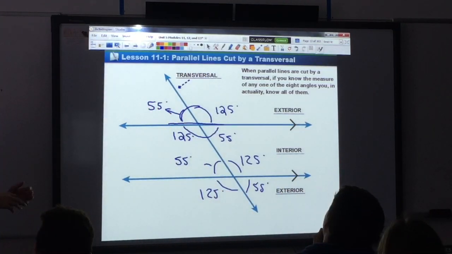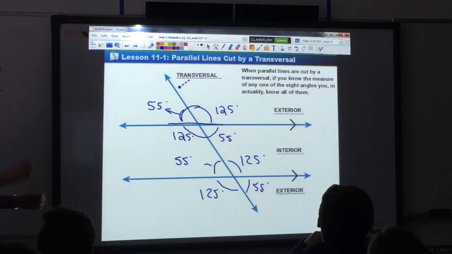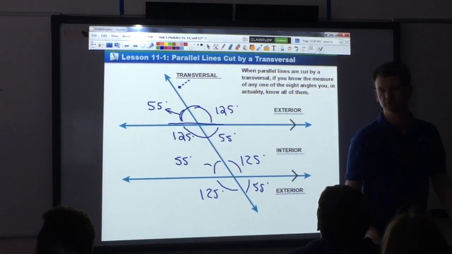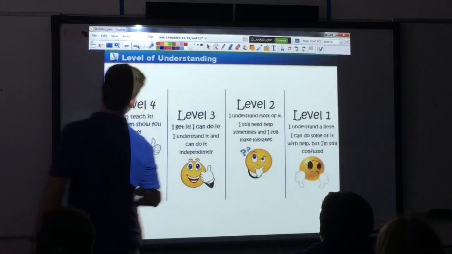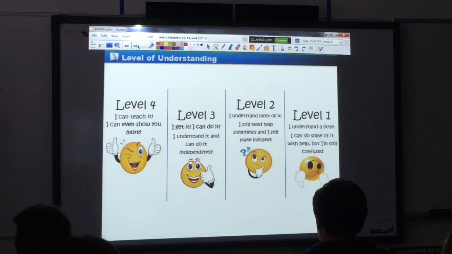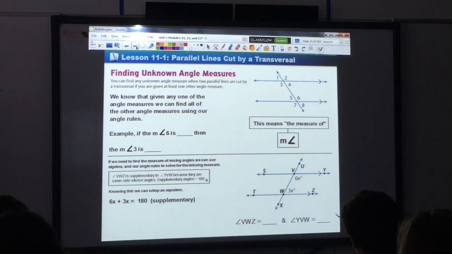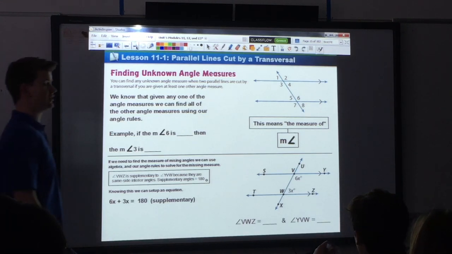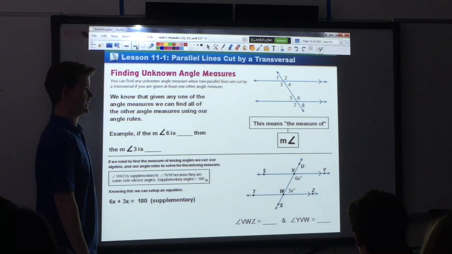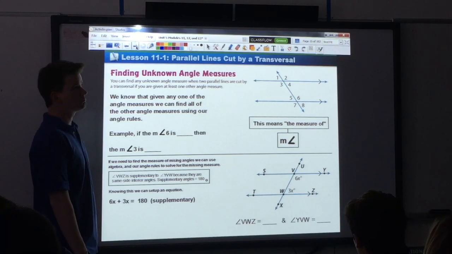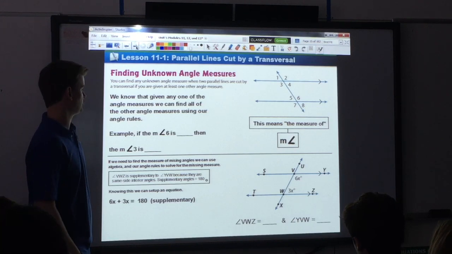You just have to know how to justify these things. Any questions on these? No? Okay. So after this, we'll move to the algebra side of it, which is as simple as writing an equation and solving using the exact same information. If you can solve a two-step equation, then you're totally good here.